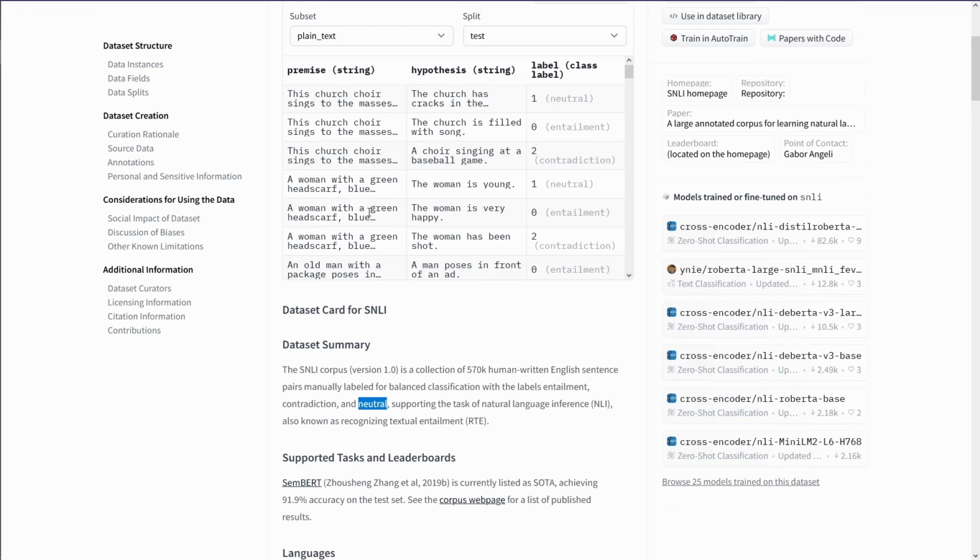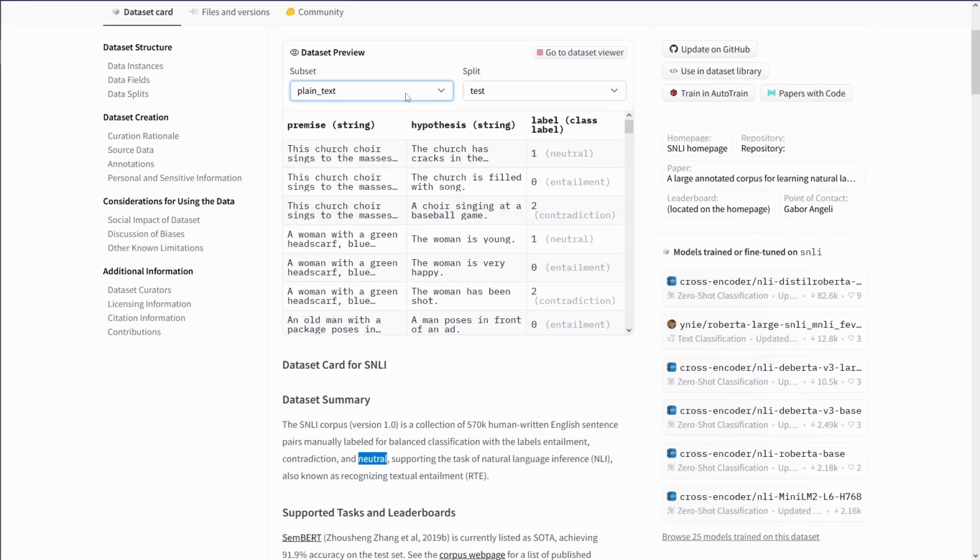This is it. You have the premise, the hypothesis, and the label. And then you have 570,000 sentences.